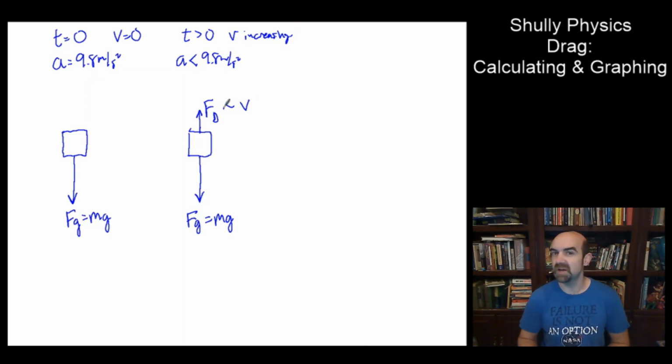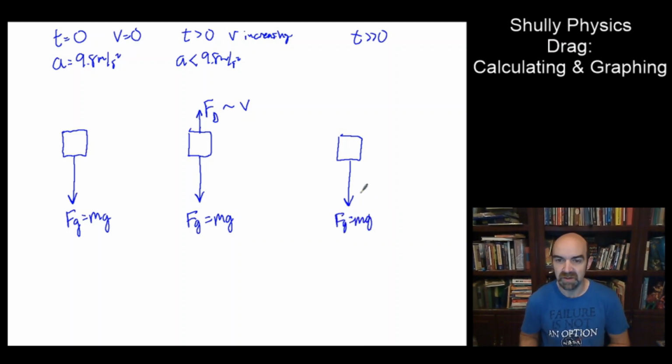All right. Now a long time later, where t is much greater than 0. So a long time has passed. What's going to happen? Well, the weight remains the same weight, but drag is going to increase until it reaches the same magnitude as the weight.